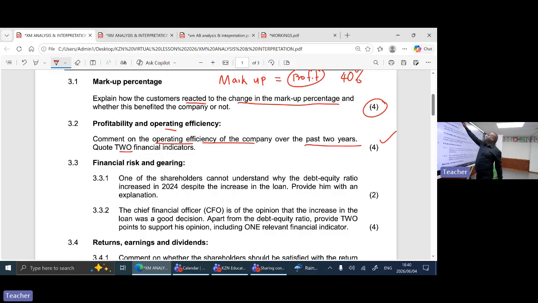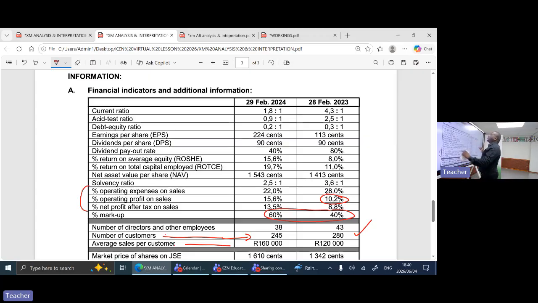You can also mention net profit after tax, even if they said they want operating profit.